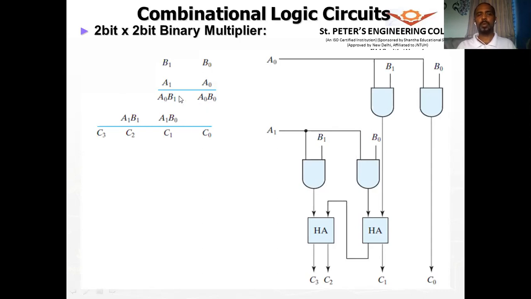So therefore, only the half adder is enough here for me because I'm going to use only 2 bits. So therefore, I don't require extra information, I mean the extra bit. So I have used only a half adder.